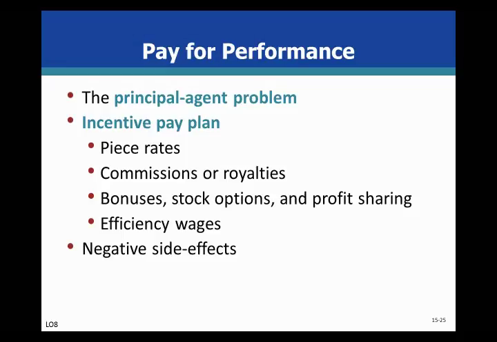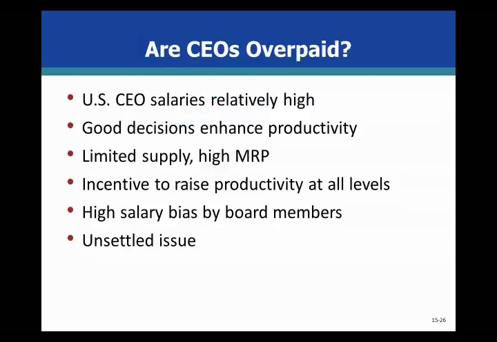Good or bad, in the McConnell, Brue, Flynn book, they talk about the salaries of CEOs and whether they are outrageous. Even when the company does badly, do CEOs deserve to make all that kind of money? And this is where this slide comes in, with the CEO being overpaid.